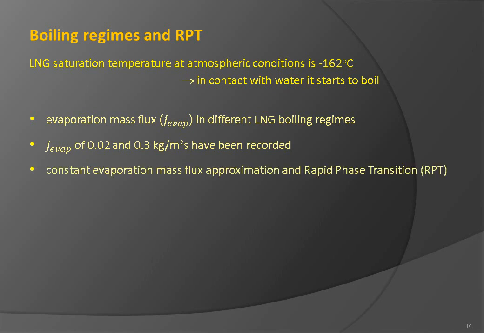In the initial tests of the presented work, a single value of 0.2 kilograms per square meter second was selected for the LNG evaporation mass flux. Such a coarse approximation cannot be used to model rapid phase transition, or RPT. To capture RPT, different boiling regimes and the associated evaporation mass flux have to be introduced in the modeling procedure.